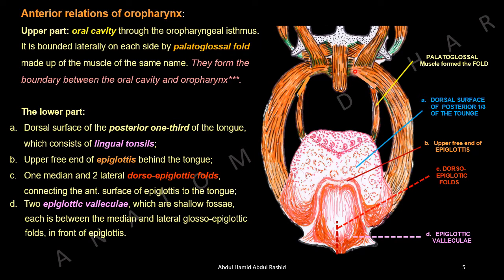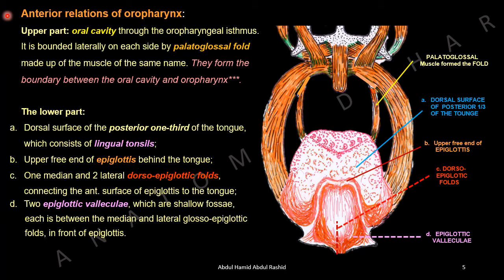The anterior one is called the palatoglossal arch, made up of palatoglossal muscles. The posterior arch is the palatopharyngeal arch, made up of palatopharyngeal muscles. Here, this is the dorsal part of the tongue. This is the posterior third of the tongue. This is the epiglottis. This is the upper border of the epiglottis.